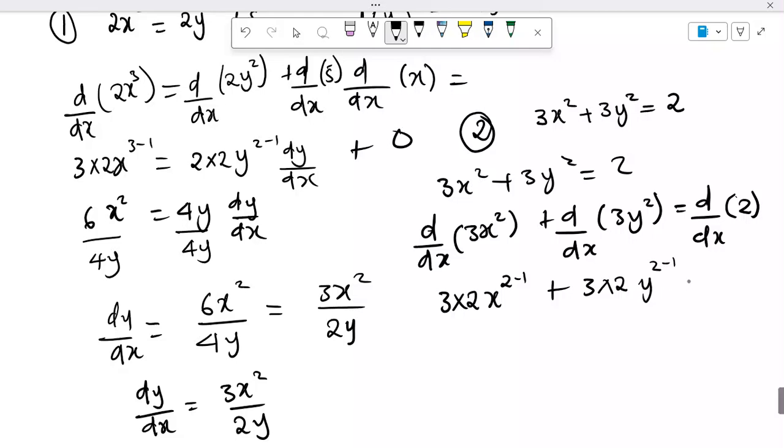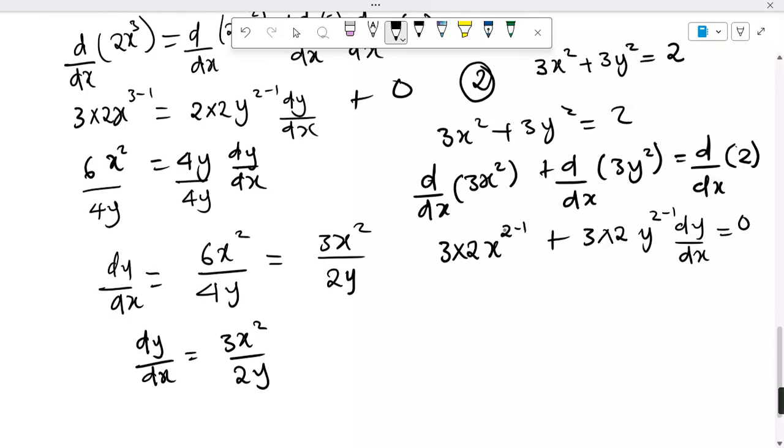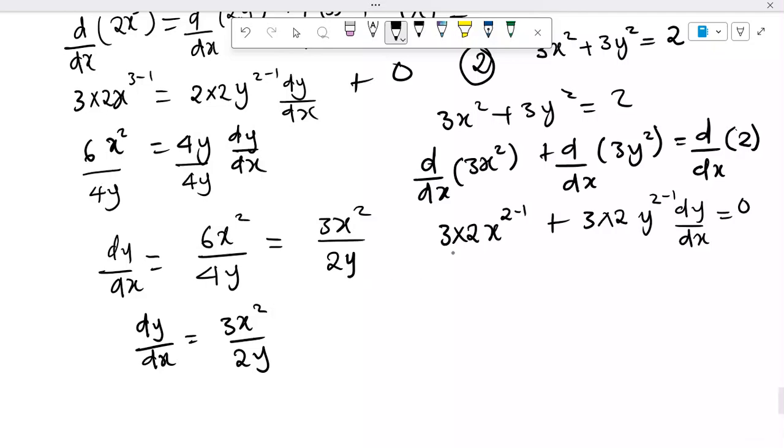But since this is y, you say dy dx, equals, differentiating a constant, 0. So this by this it will be 6x, 2 minus 1 is 1, so we can't write it, plus this is 6y, 2 minus 1 is 1, we can't write it, then dy dx equals 0.